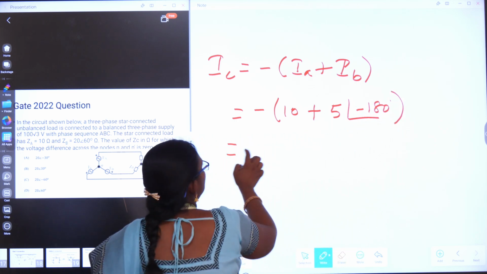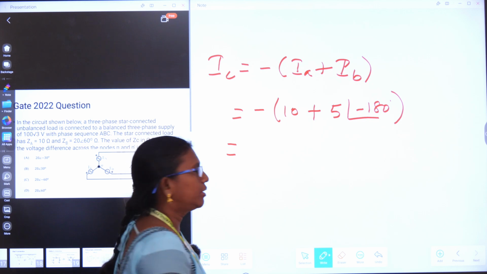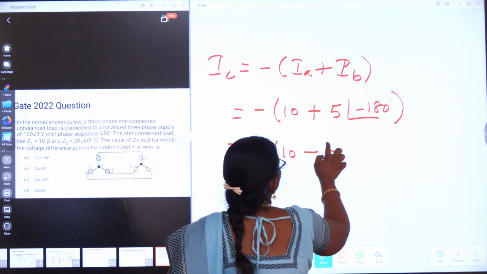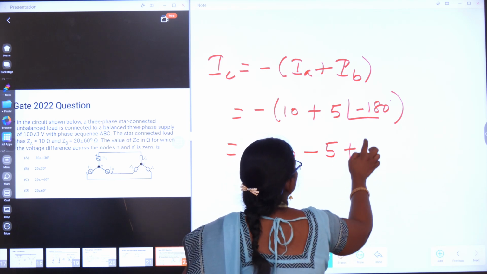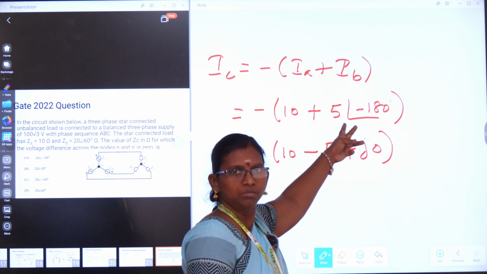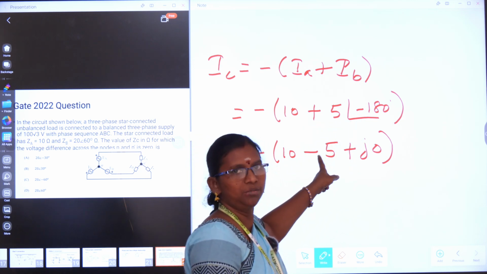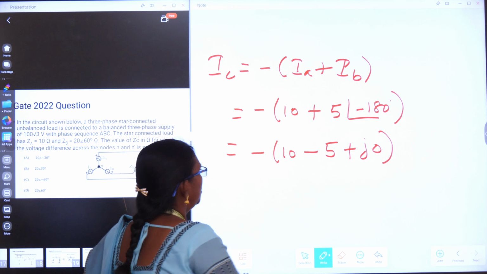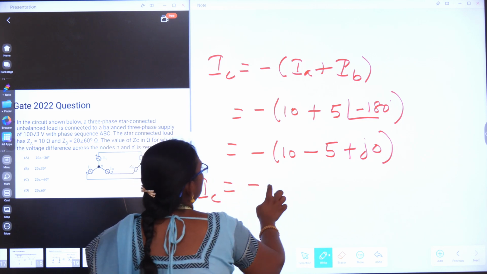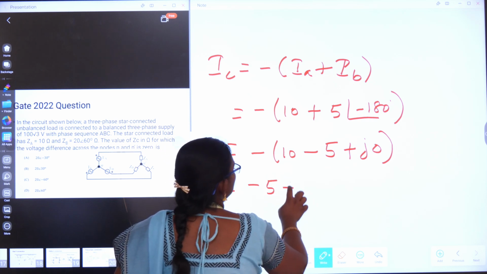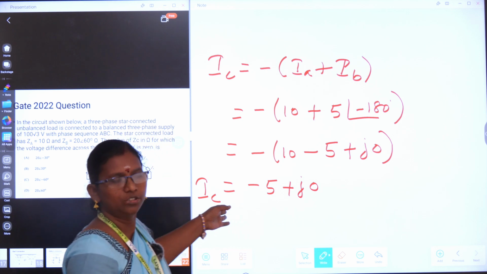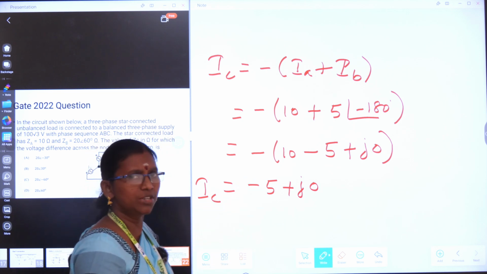Converting to rectangular form, we obtain minus 10 minus 5 plus J0, which is minus 15 plus J0. And your IC is going to be minus 5 plus J0. So this is the current we get for C phase.